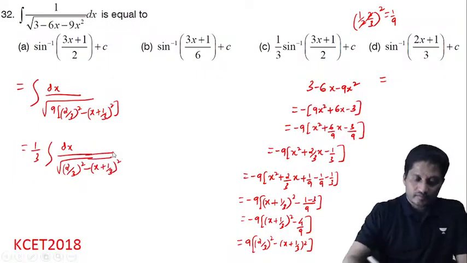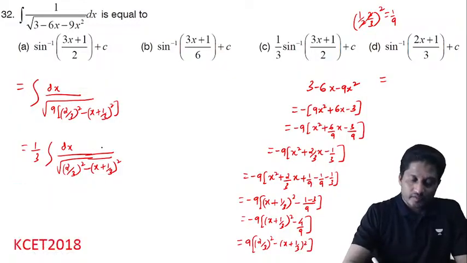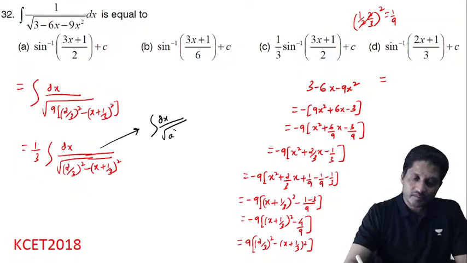This is of the form dx divided by root of a square minus x square. The formula is sine inverse of x by a plus c.